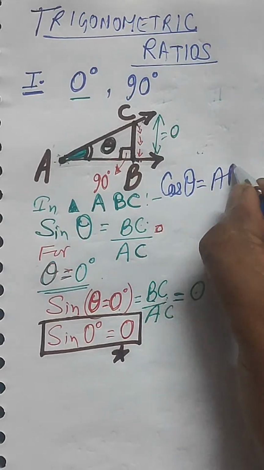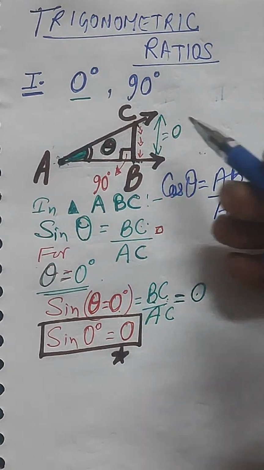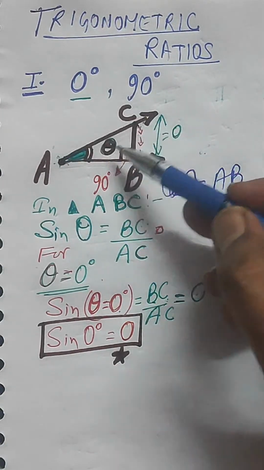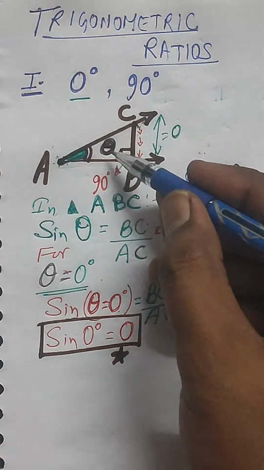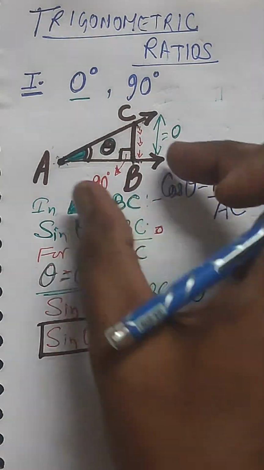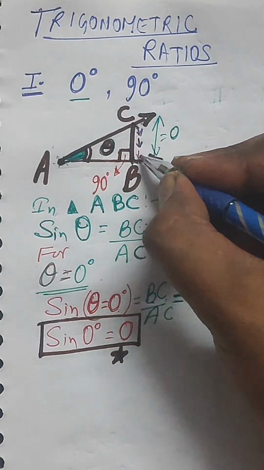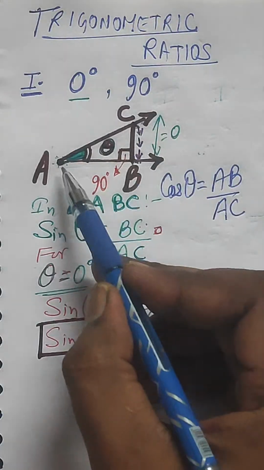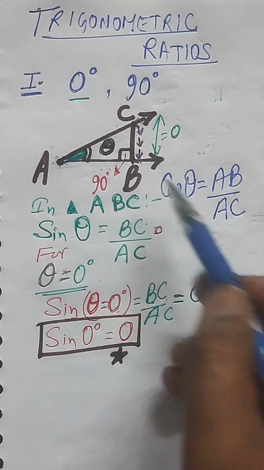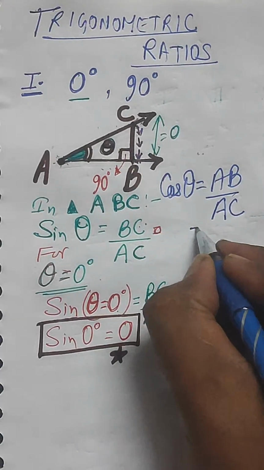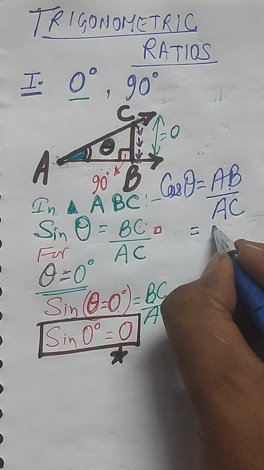Because AC is the hypotenuse and AB is the base, right? So when theta equal to 0, AC will be coming downward like this as we have drawn it, and the length of AC will be colliding with AB. So AC will be equal to AB.